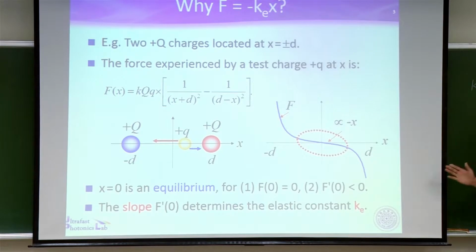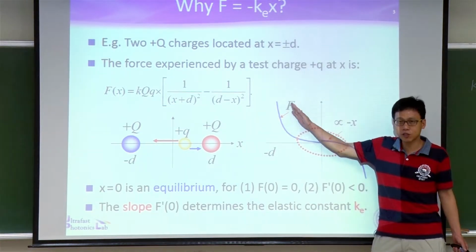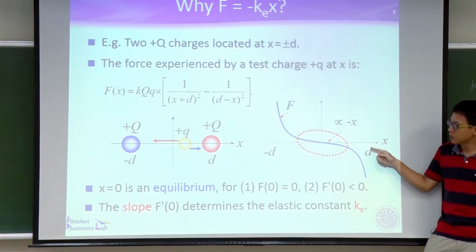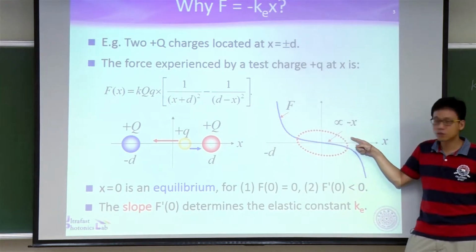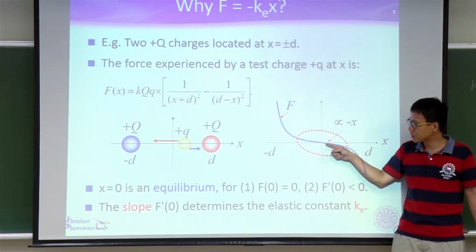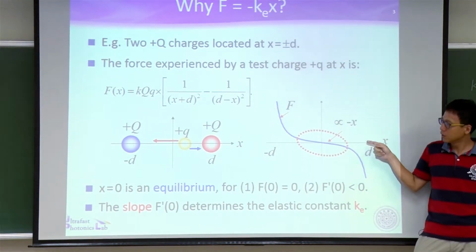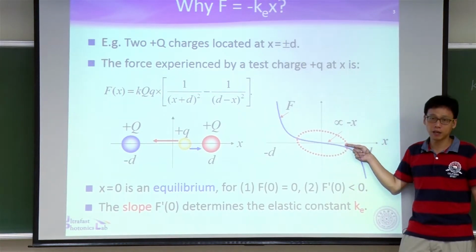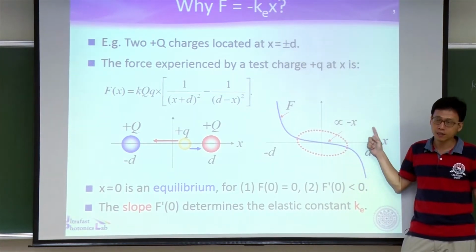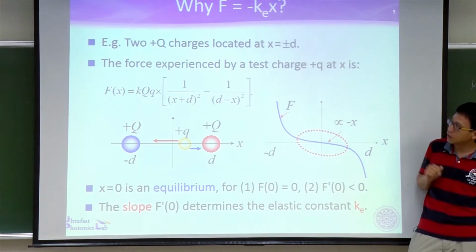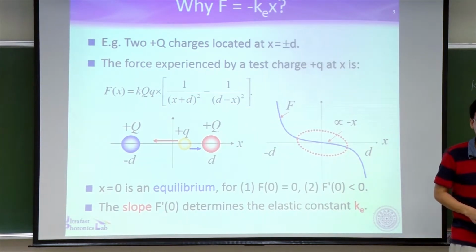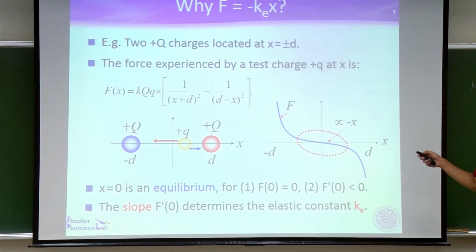And although the entire force curve is nonlinear, over this range, when the displacement is not too big, you can approximate this curve by a linear function, and the slope is the Hooke's constant, Ke. Okay, F equals minus Ke x is only valid around the central region.